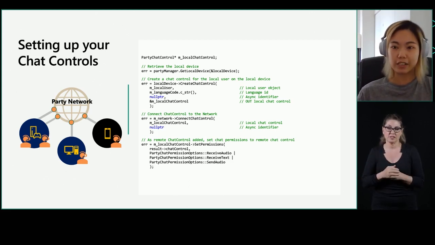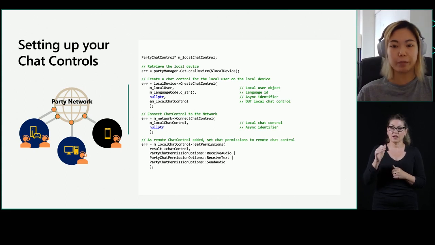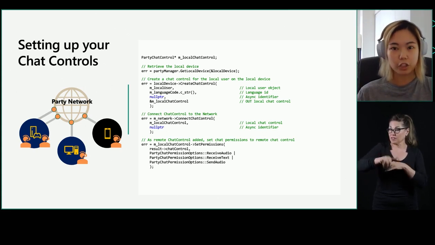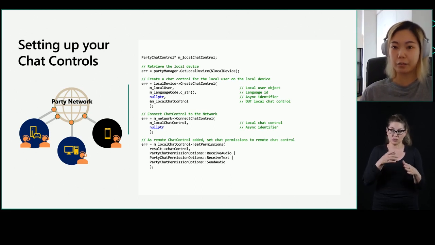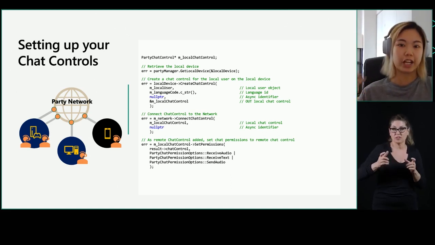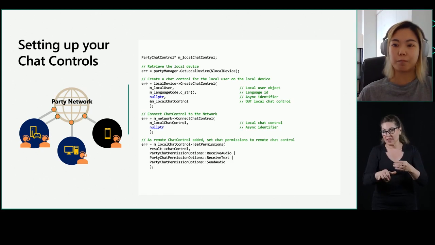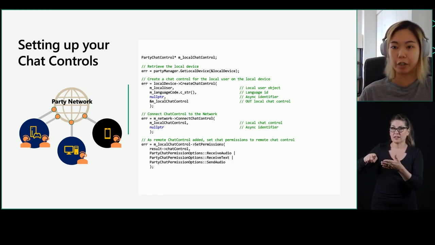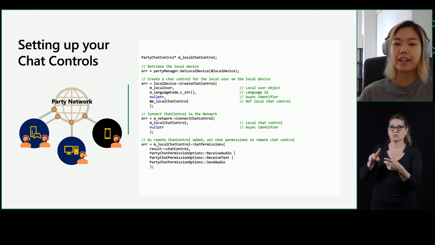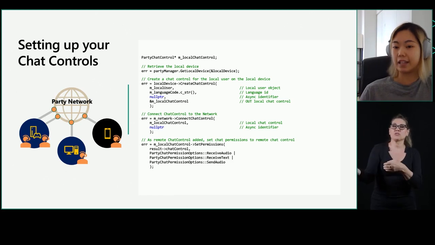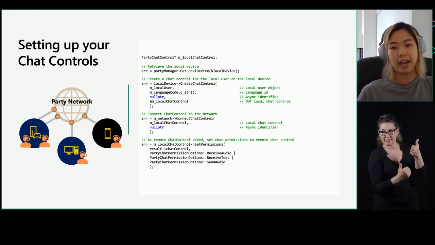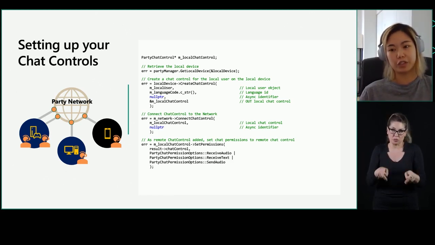Default permissions is none. After you connect the chat control to the network, and as remote chat controls are added, you would set chat permissions to the remote chat control. And as remote users are added to the network, you maintain a list of chat controls and control permissions between users.